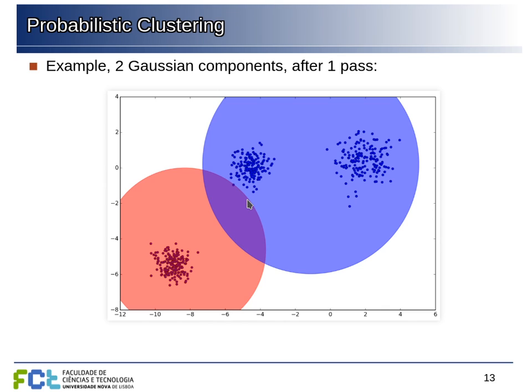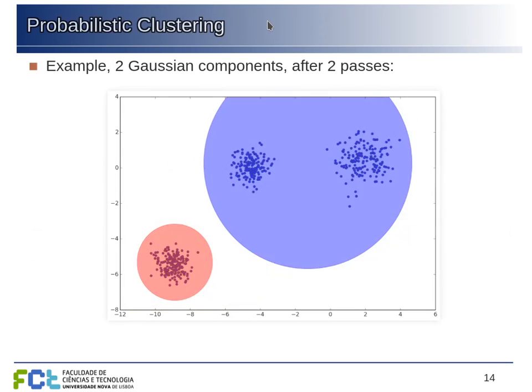We used those to compute the probabilities of points belonging to each Gaussian, and now we computed the parameters again. So these circles represent the center and the standard deviation of each Gaussian distribution. If we move on now to the second pass, we improve the parameters here, and eventually we reach convergence here. We stop changing too much.